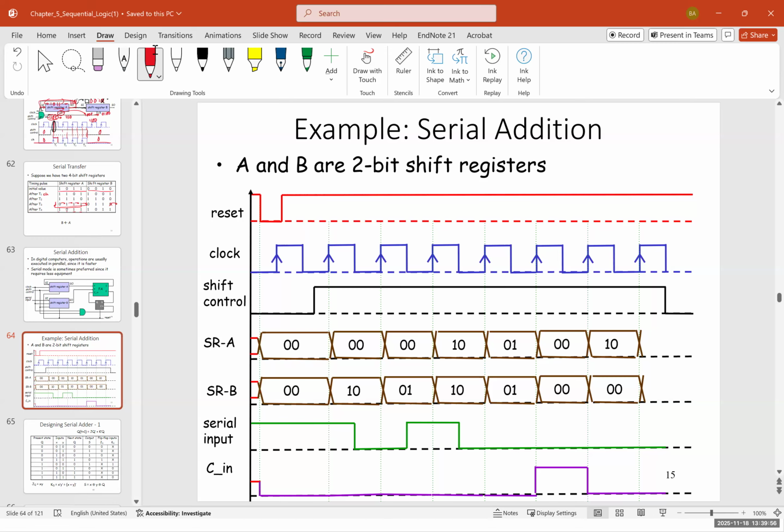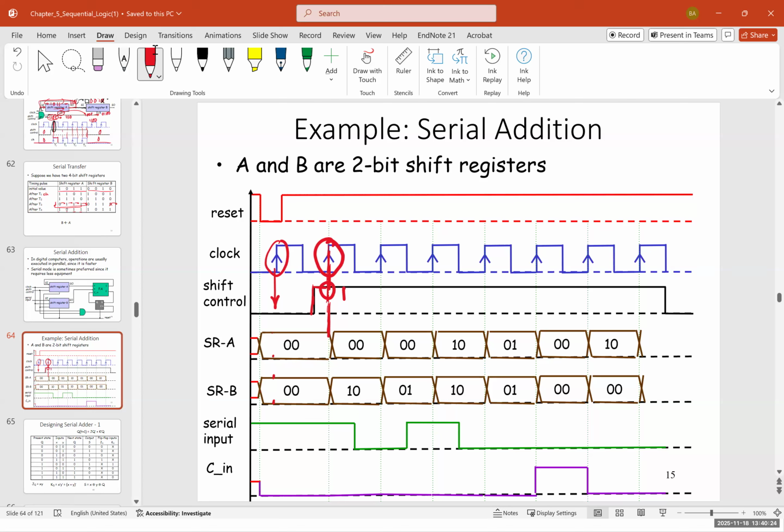Now, we have clock here, but since the shift control is 0, none of the shift registers would change. It's locked. Until here that the load becomes 1, but again, nothing would happen because I don't have a clock. So everything starts at this point when I both have a clock and a shift control of 1.